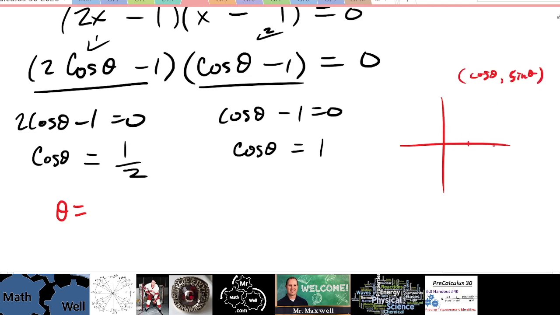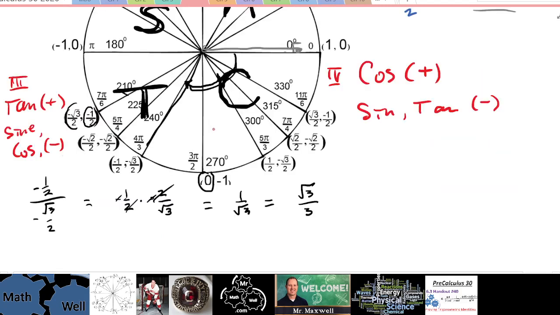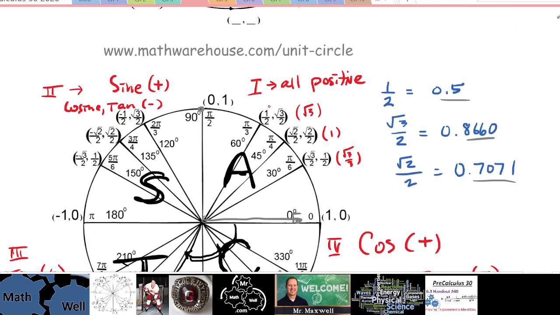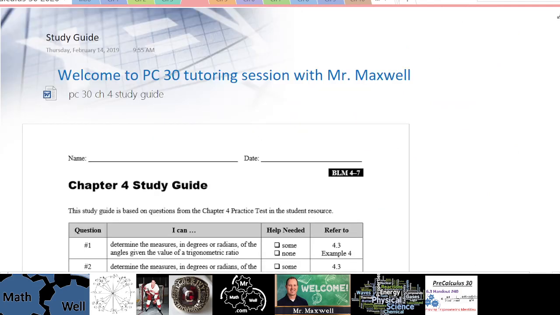So 1/2, here's 1, we go over 1/2 and we go up to the unit circle. So this is going to be pi over 3, right? Getting a cos of 1/2, pi over 3, and you can just look at your unit circle. Here's the unit circle right here. 1/2 is right here. Cos of 1/2. What is that cos of? Pi over 3.